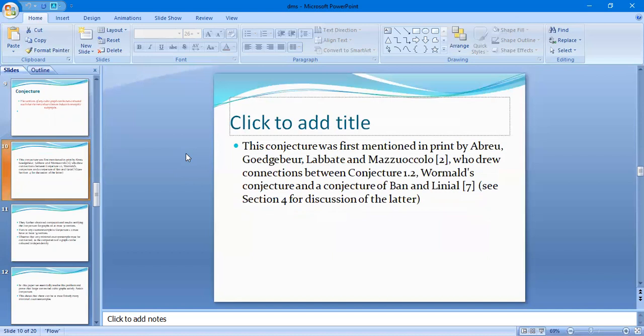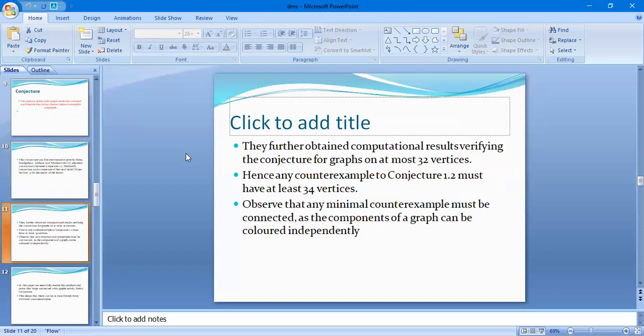This conjecture was first mentioned in print by Abreu, Goedgebeur, and others, who drew a connection between Wormald's conjecture and this conjecture. They further obtained computational results verifying the conjecture for graphs on at most 32 vertices. Hence, any counterexample to the conjecture must have at least 34 vertices.